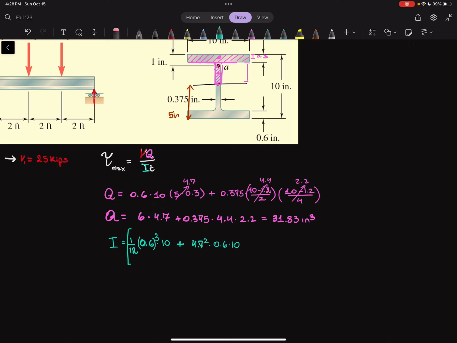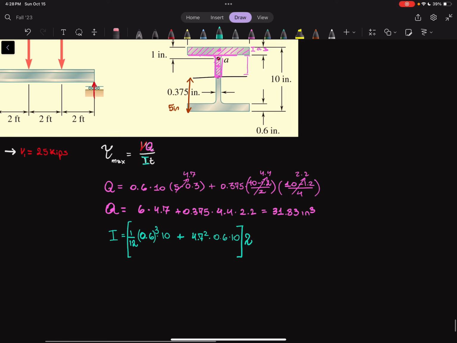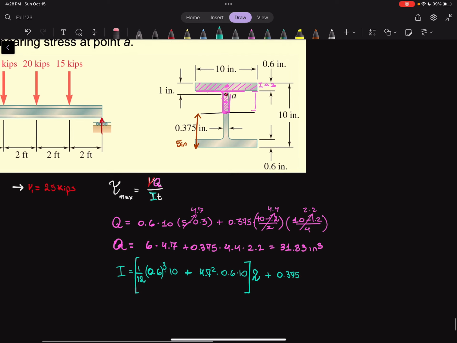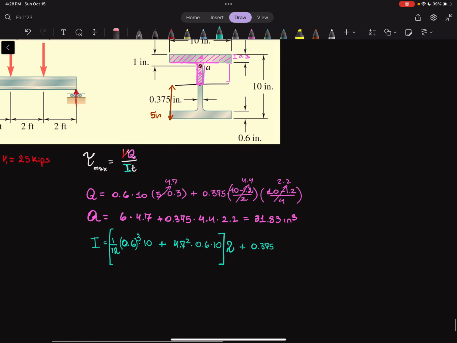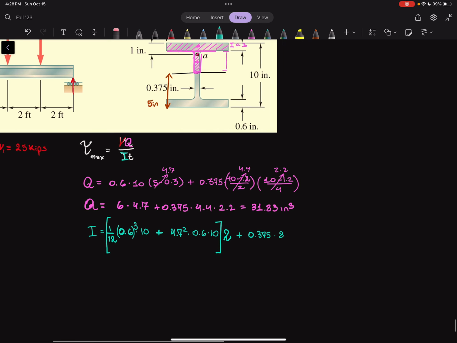We take all of that, close it, multiply by 2, and then we're going to add the 0.375 multiplied by 8.8. That's my area, and I don't have to shift it. My height, though, is cubed.